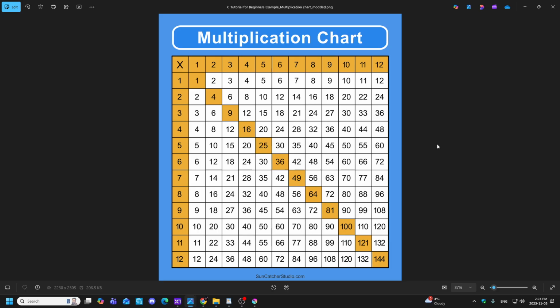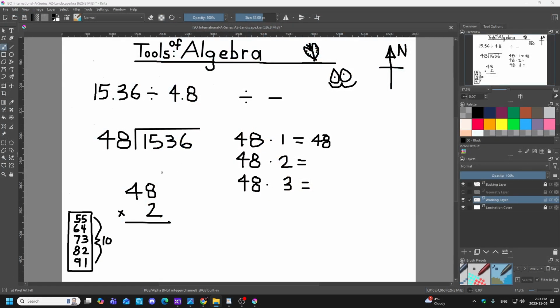It will make solving your mathematical problems so much quicker and so much faster. Good luck in your studies. 8 times 2 is 16. Carry the 1. 4 times 2 is 8. Plus 1 is 9.